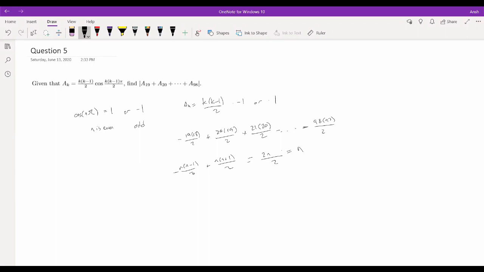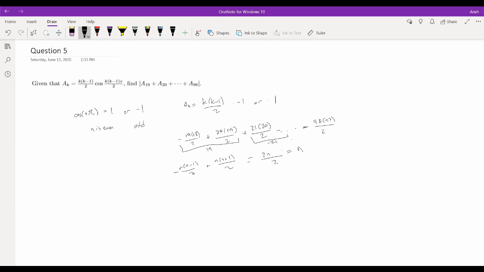So the first pair, negative 19 times 18 over 2 plus 20 times 19 over 2, equals 19. The next pair will be 21 times 20 over 2 minus 22 times 21 over 2, so that would be negative 21 and so forth.